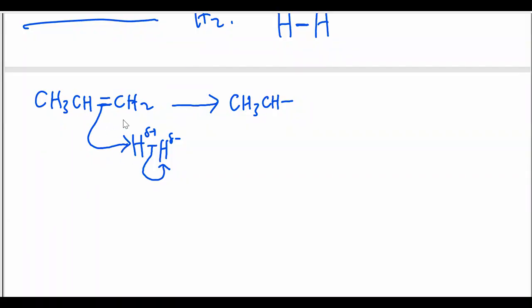That one will have to attach to the carbon that has the highest number of hydrogen atoms. So it will go to this other side, it gets CH3. What will happen? So this carbon that has one hydrogen will have to gain the hydrogen, this side that gained the other bond, becoming a full electron.